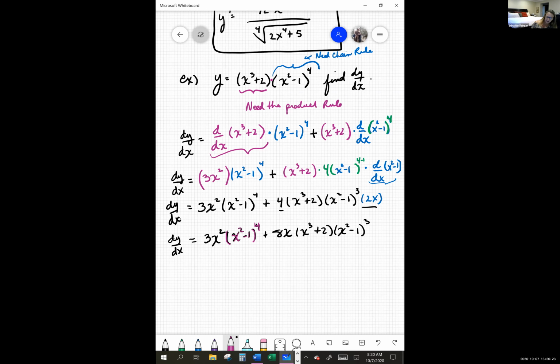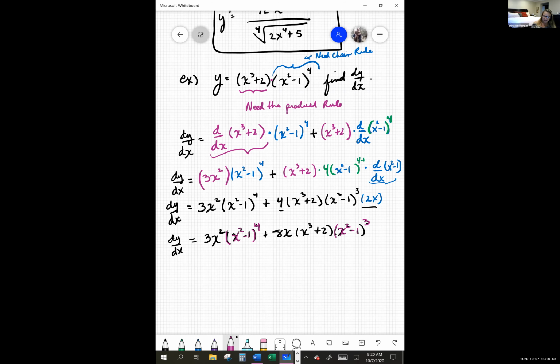X squared minus 1 to the 4th. And this piece over here, notice that this has a x squared minus 1 cubed. So we can actually factor out 3 of those parentheses, x squared minus 1 quantity cubed.